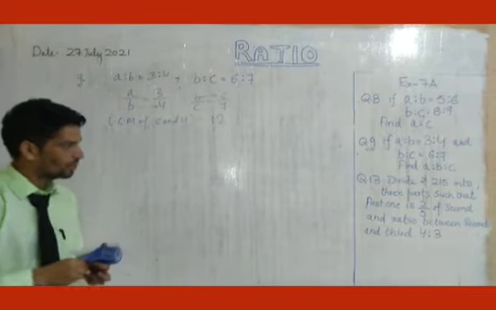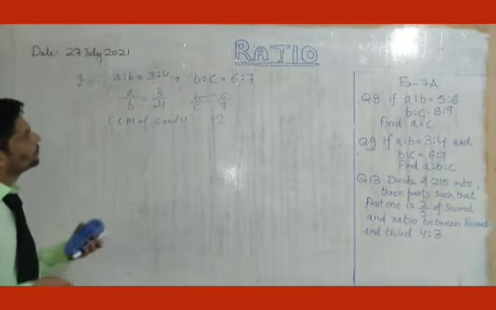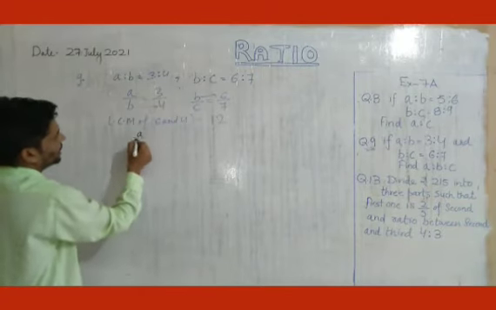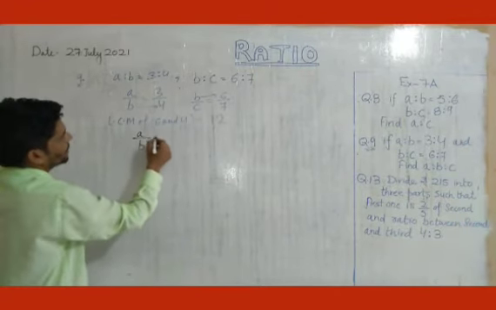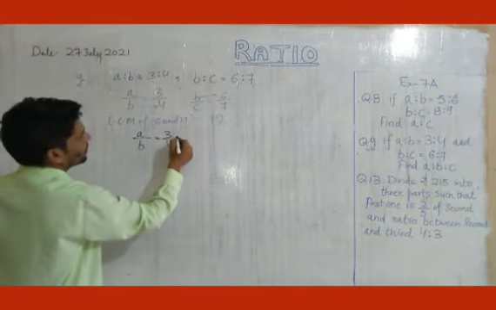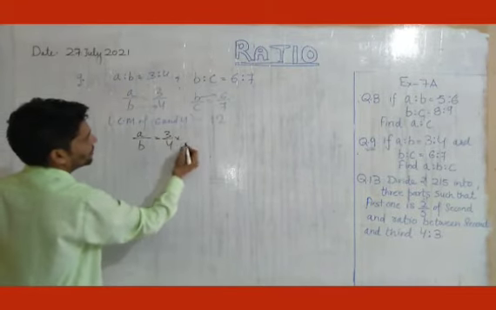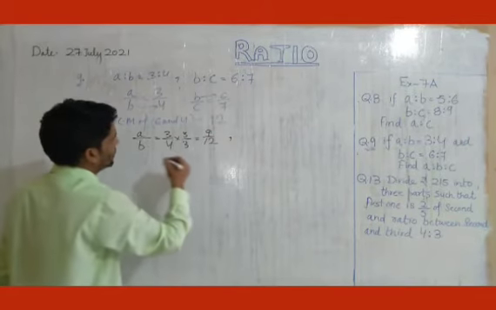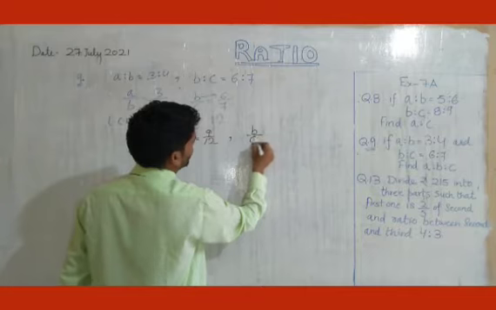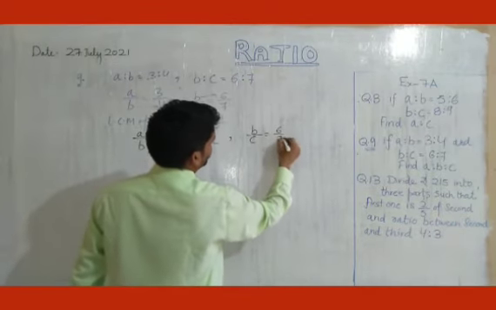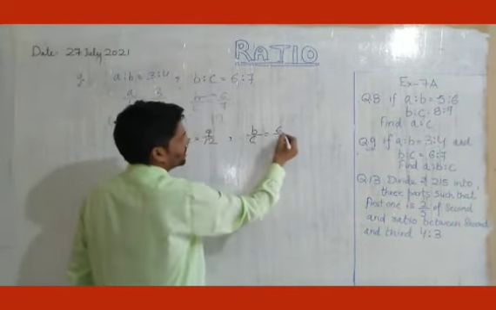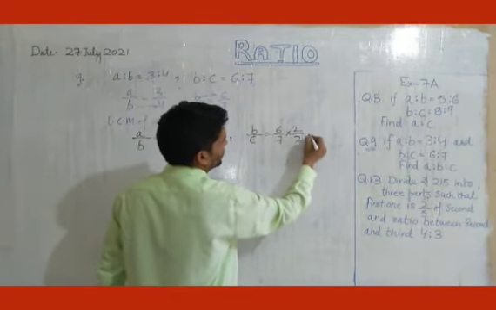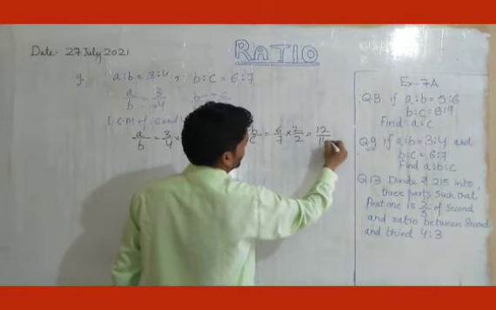Make B 12 in both ratios. A divided by B is 3 by 4. Multiply with 3, so it is 9 by 12. And B by C is 6 by 7, we multiply with 2 by 2, it comes 12 by 14.